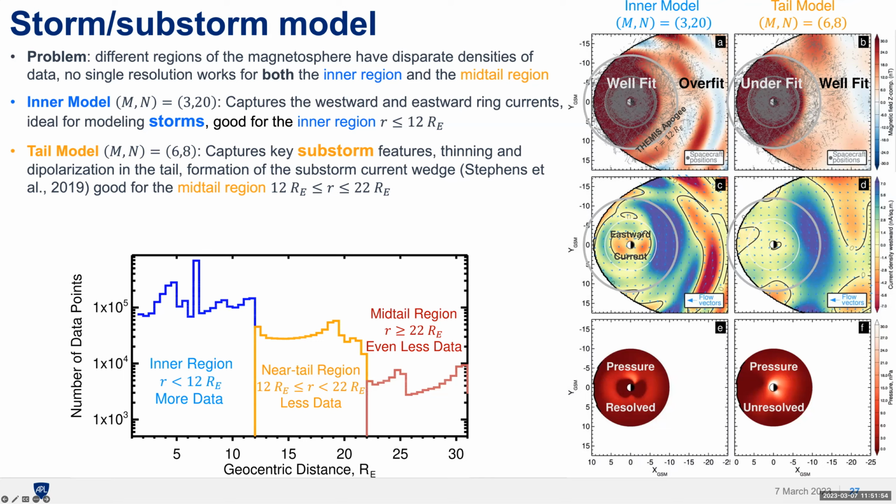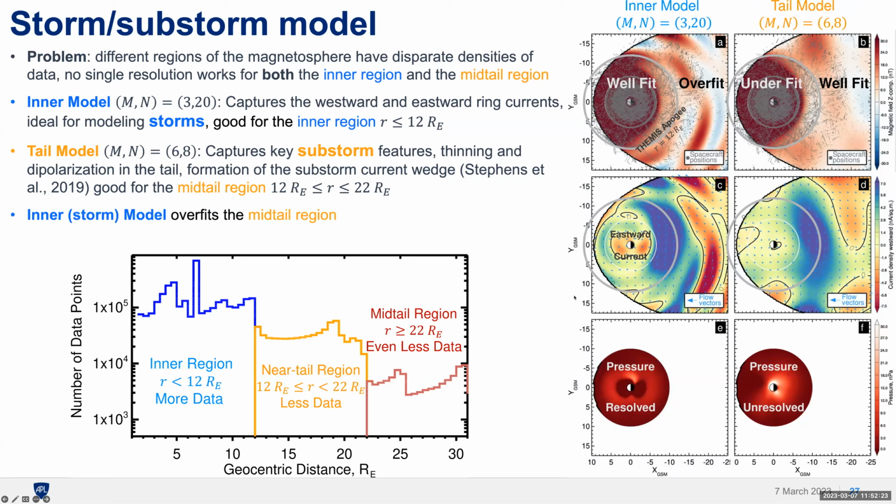So to resolve the tail, we need a lower resolution model, and that gives a really nice resolution of the tail features, this is what we've been using for our substorm model. But again, we now are under resolving the inner magnetosphere inside of the Themis apogee, and we don't get an eastward current system, and without an eastward current system, we can't resolve the pressure peak.